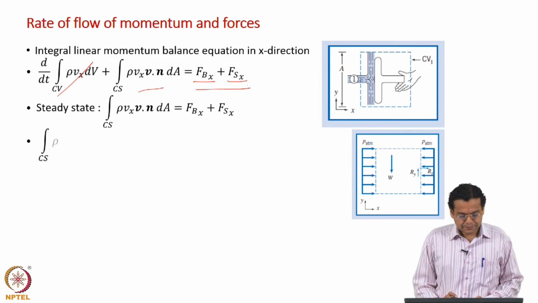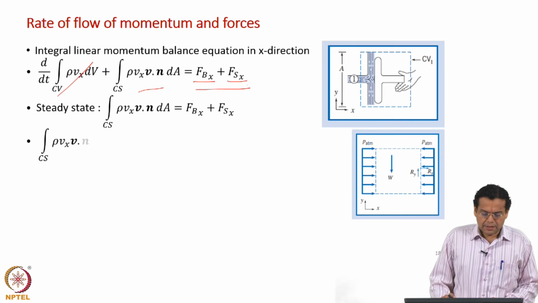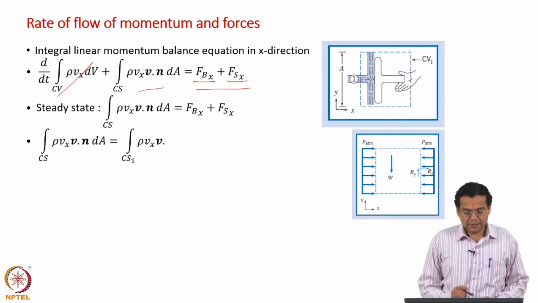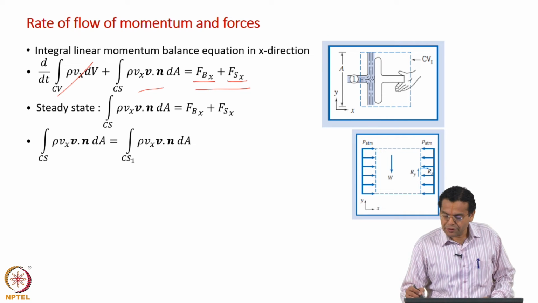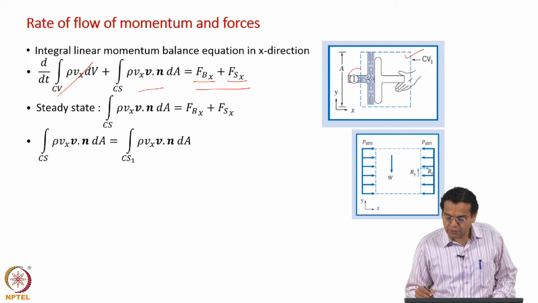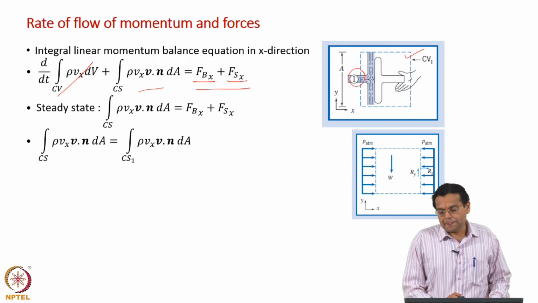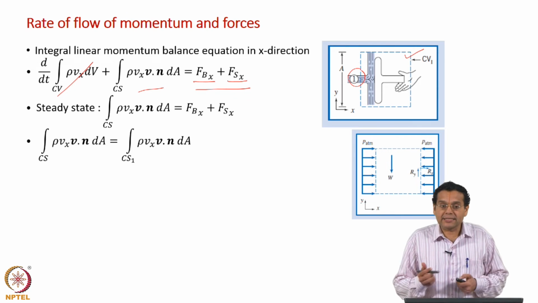Now, let us first take the rate of momentum term. In this control surface, only at section 1 there is inflow; no other part of the control surface has flow in the x direction.